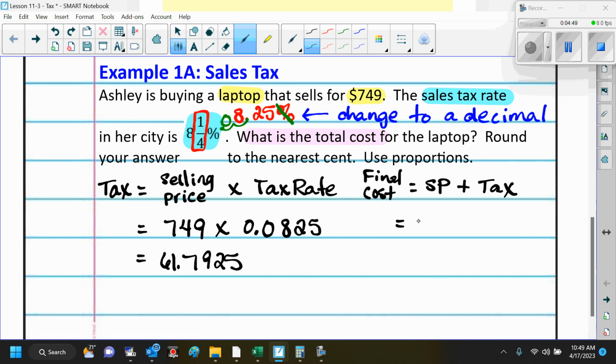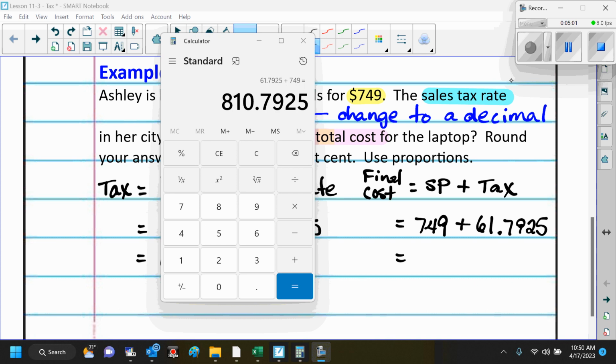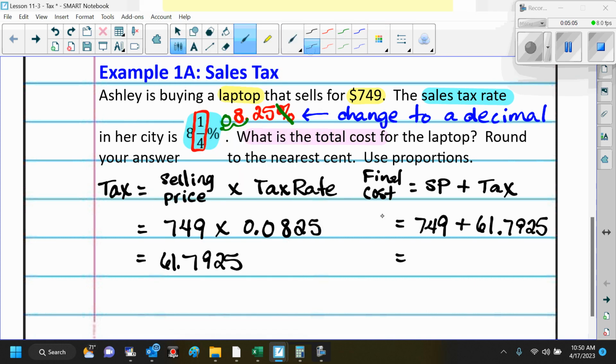Okay, so the selling price was $749 plus 61.7925. So this is what we get, 810.7925. Let's write that down. 810.7925. So now I can round to the nearest cent.